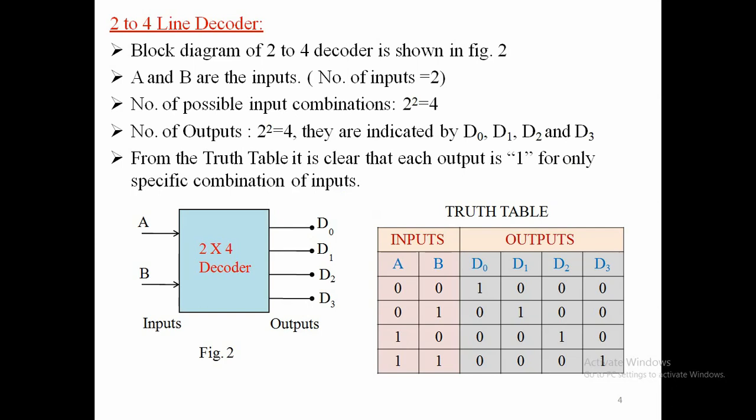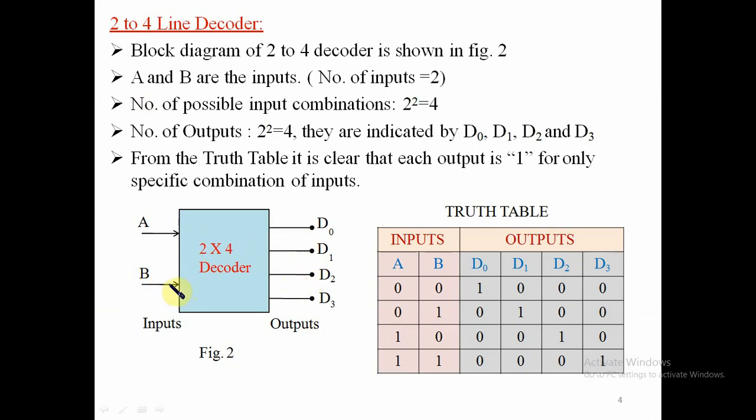Here is a 2 to 4 line decoder. In the 2 to 4 line decoder, the block diagram shows an array of 4 AND gates. The two binary inputs, labeled A and B, are decoded into one of 4 outputs.